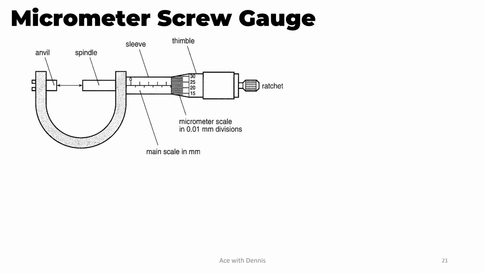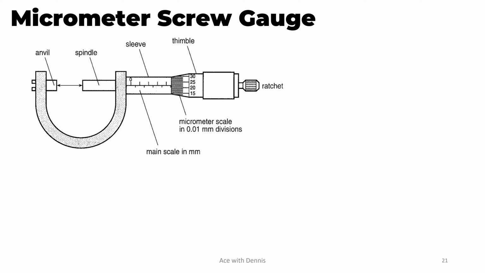Next, let's look at the micrometer screw gauge. The diagram shows the basic structure of the micrometer screw gauge. We will look at the moving part of this instrument, which is the spindle, and the non-moving part is the anvil. The spindle will move when we turn the thimble.